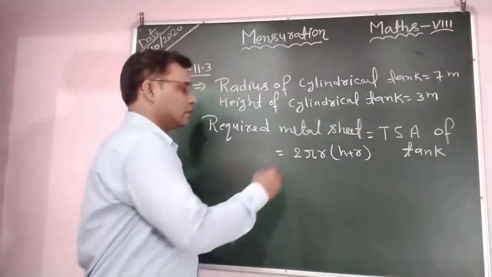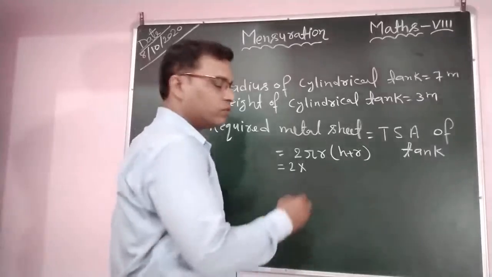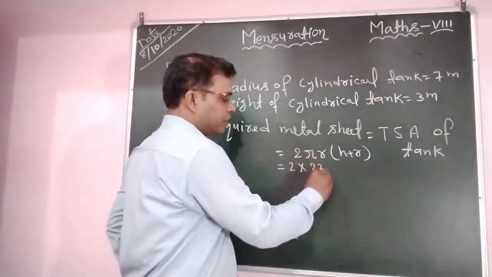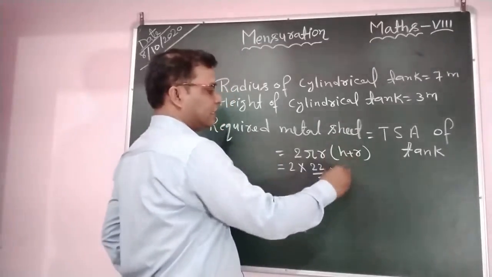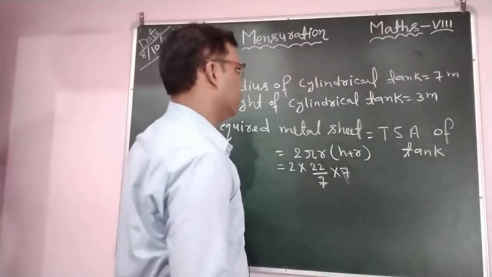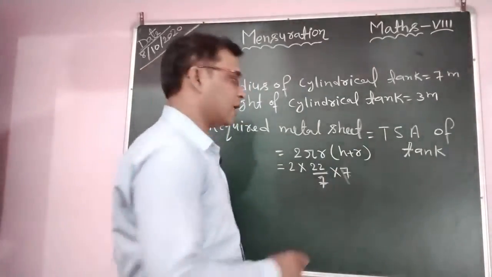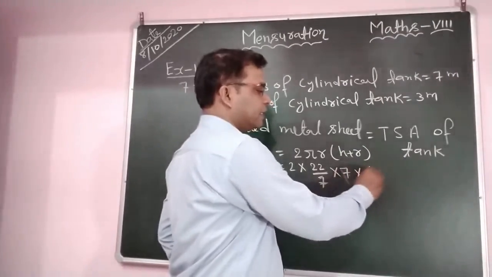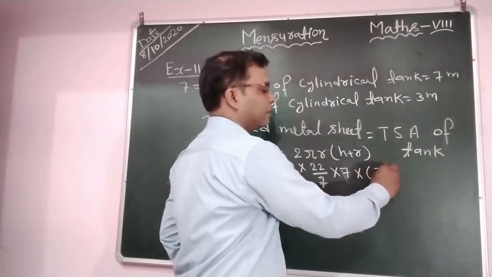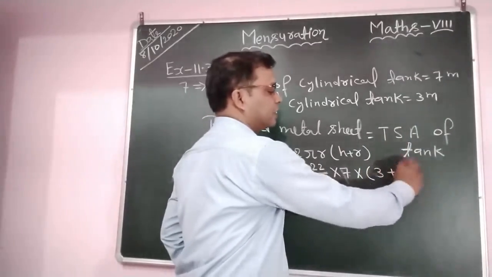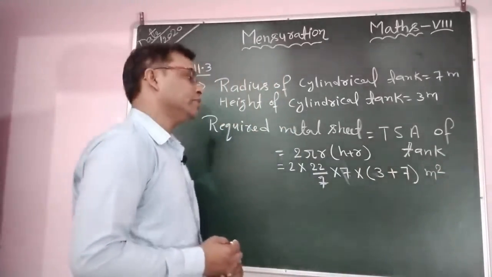So here we put 2 into 22 by 7 into r, the radius of the cylindrical tank, 7 meters, into in brackets h, the height, 3 meters, plus r, 7 meters. Now this is an area, so you write the unit as square meters.